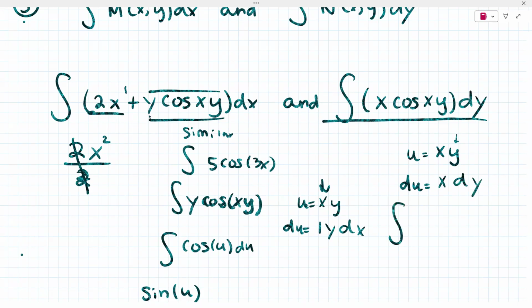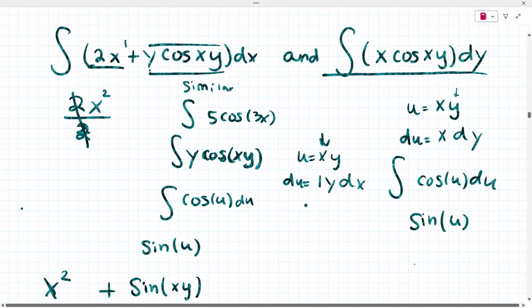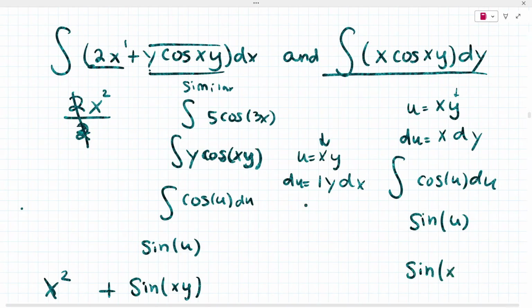So that would be the integration of cosine of u, and then you replace your x dy with du. And the integration of that is sin, and then you just replace your u with xy.